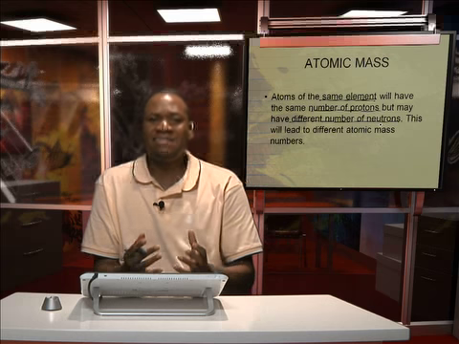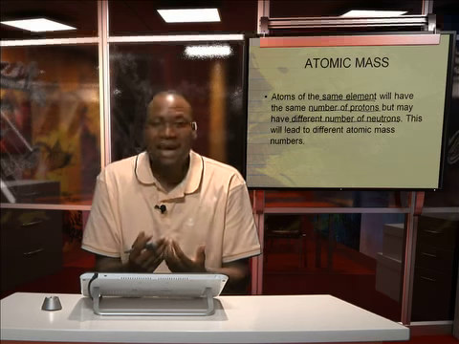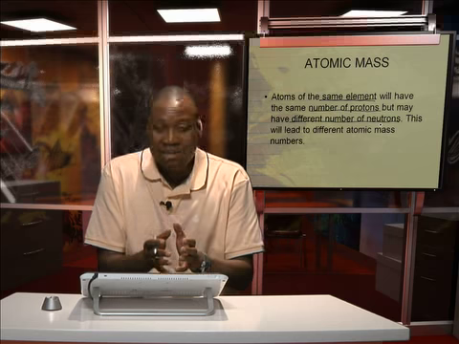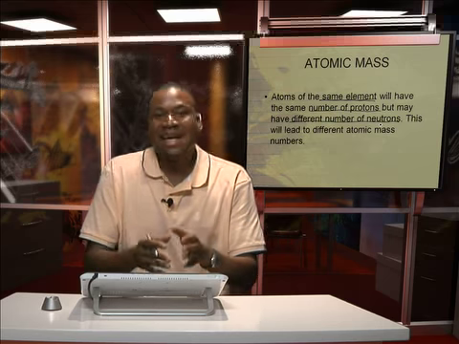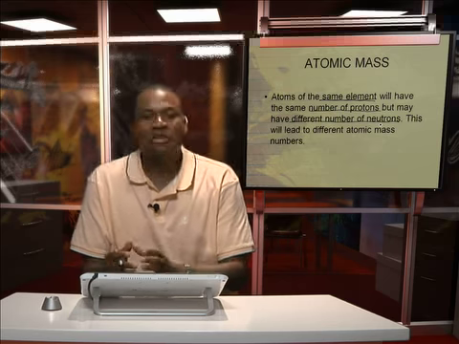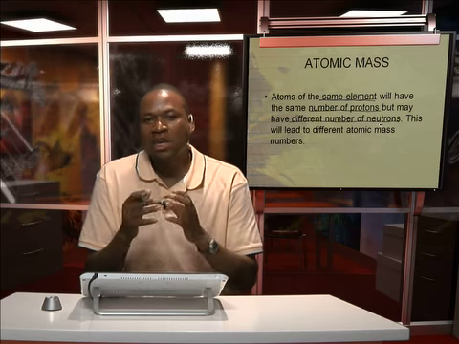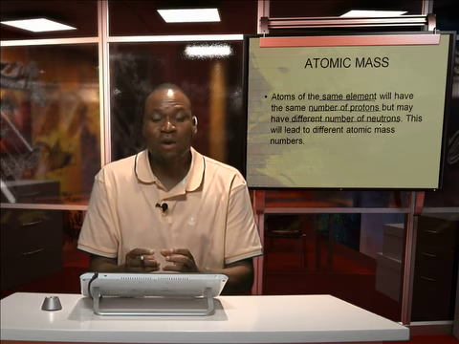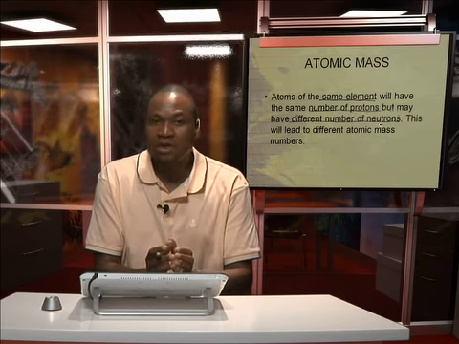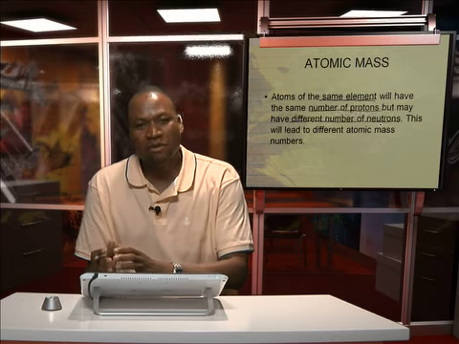Now this means that we may find ourselves having atoms of the same element but having different atomic masses, because the atomic mass is given by what? By the number of protons plus the number of neutrons.